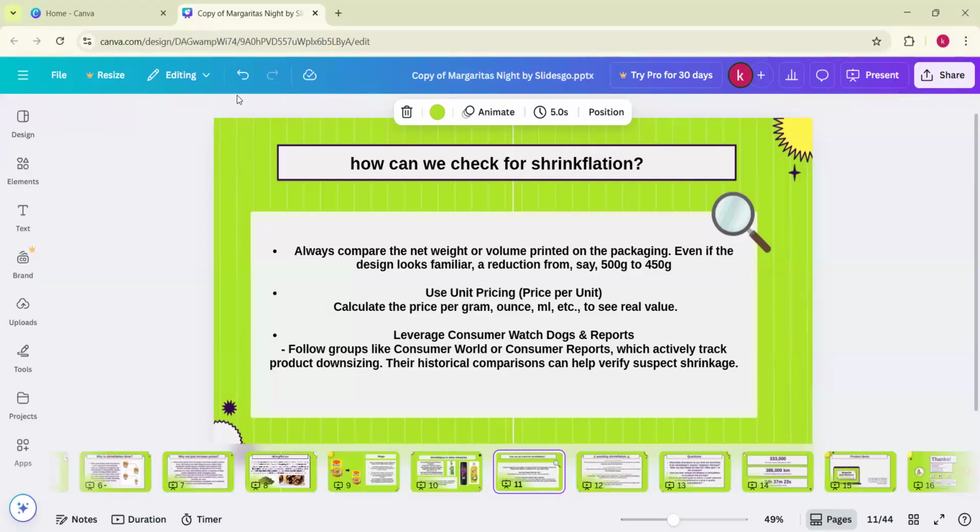So shrinkflation means the weight of the product reduces and the price increases, and inflation means reduce.